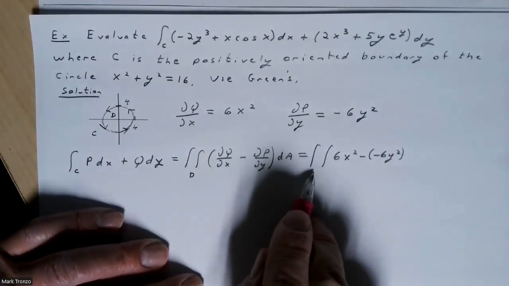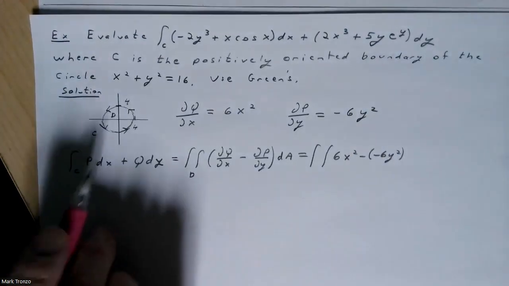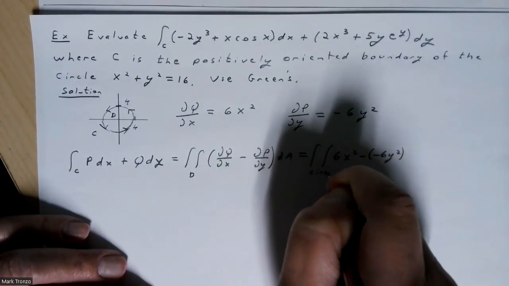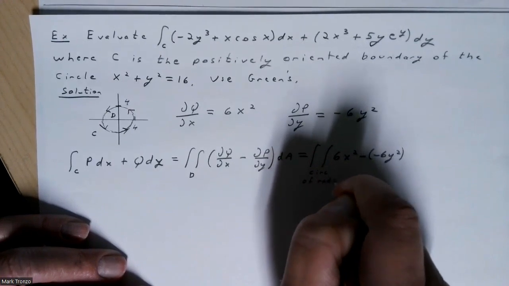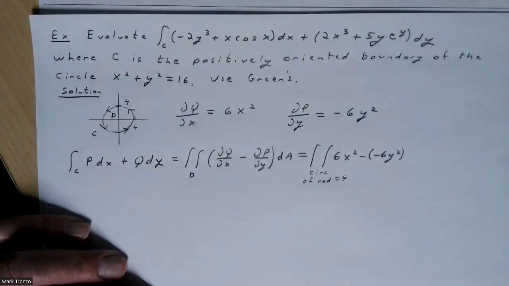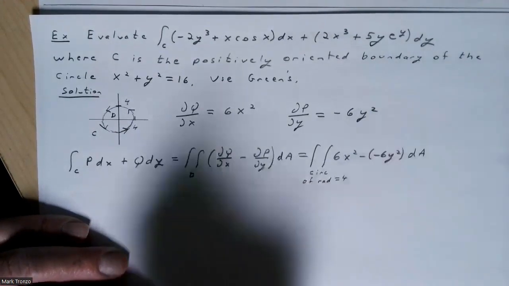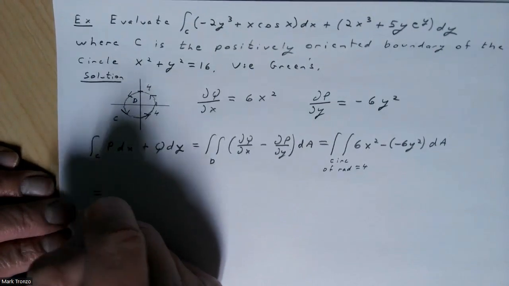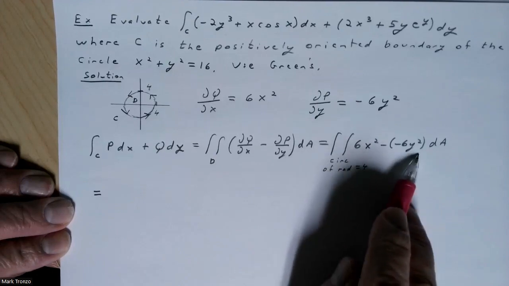And keep in mind what we're going to have. We're going to be doing this. I'll sort of note here, we're going to end up doing this over this circle of radius 4 centered at the origin. And let me just put dA in here for right now. And then if we factor out, so we're going to end up with 6x squared plus 6y squared.